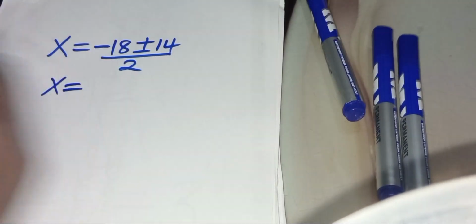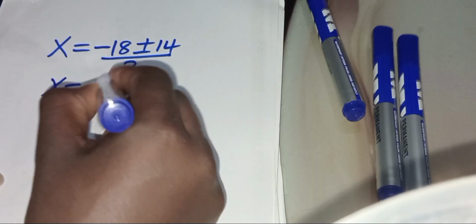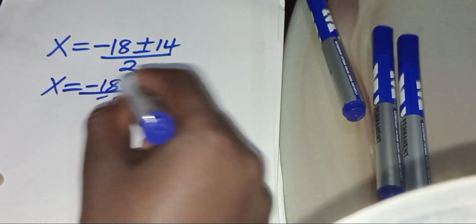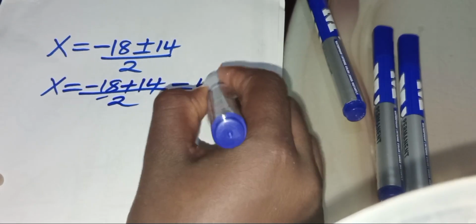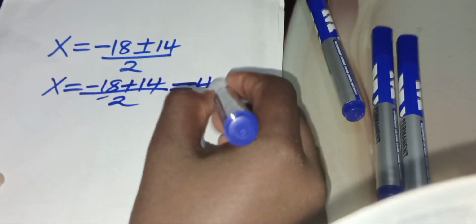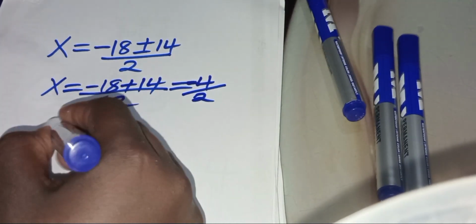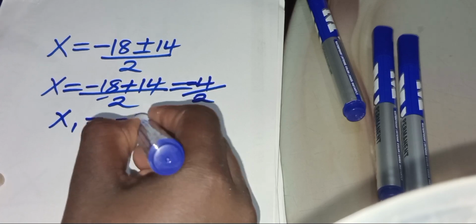So x is equal to negative 18 plus 14, divided by 2. Negative 18 plus 14 is actually negative 4, divided by 2, which gives us the first value of x as negative 2.